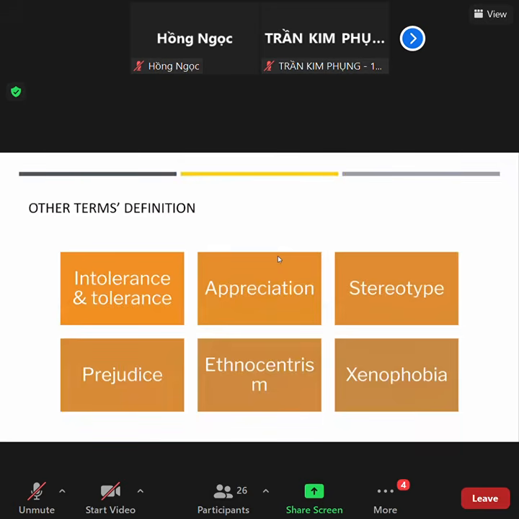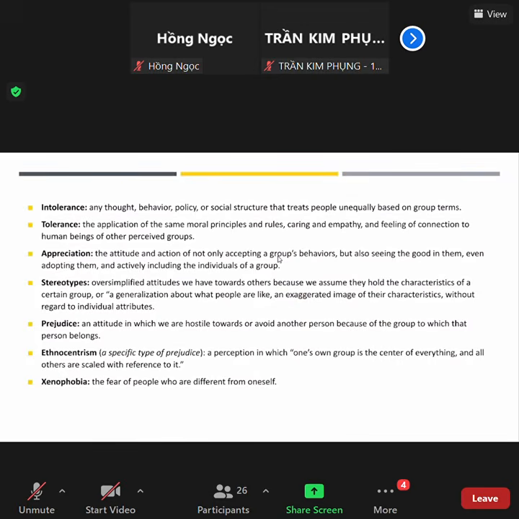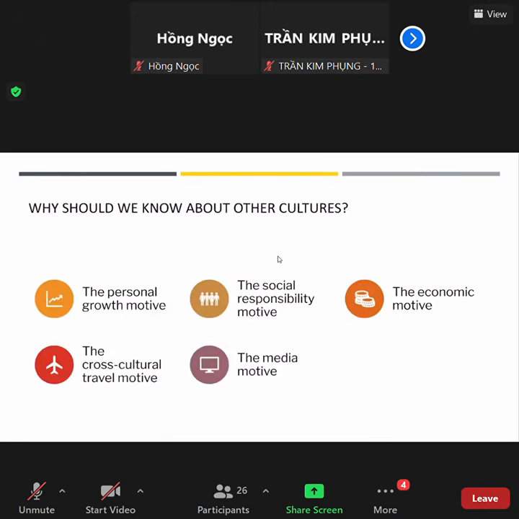Okay, so why should we know about other cultures? I think that there are lots of reasons why you want to study about culture. However, generally, I think that there are 5 main purposes. The first one is the personal growth motive.